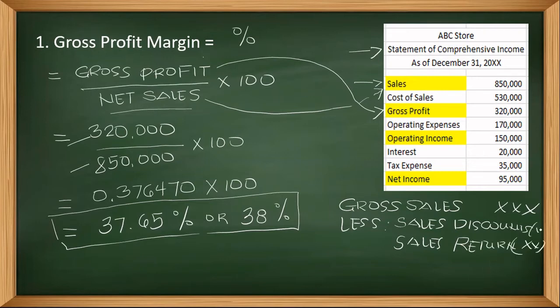Let's subtract. So the gross sales less the sales discount less the sales return, we get the net sales. So to arrive at net sales, just follow this formula. Then the net sales will be used for the formula for the gross profit margin.